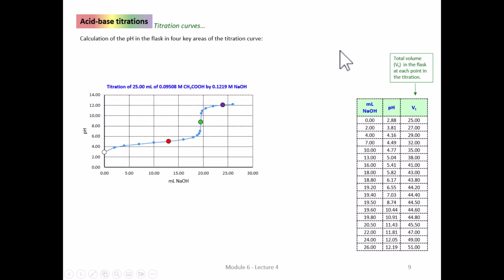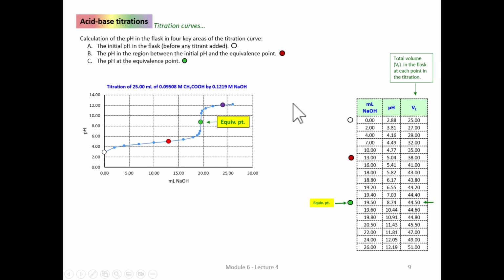As before, we'll try to calculate the pH in 4 key areas of the titration curve. The initial pH before we add any titrant, the pH in the region between the initial pH and the equivalence point, the pH at the equivalence point, and the pH in the region beyond the equivalence point where excess titrant has been added.